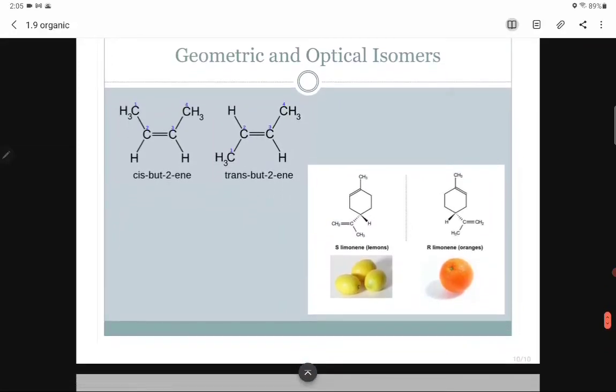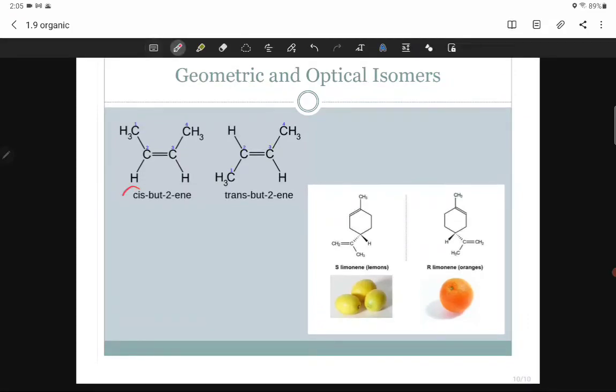We do have to know a tiny bit about these optical isomers. Cis and trans. And if you look, the hydrogens are on one side, and these hydrocarbons, in this case, we have bute because 1, 2, 3, 4, but it doesn't always have to be bute.